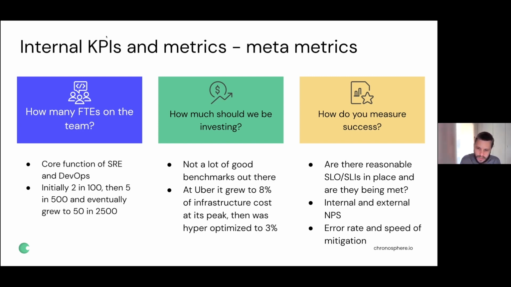Of course, make sure your SLOs and SLIs on that view of what you're running yourself or providing to your end users as an observability monitoring platform are important. And then, of course, looking at how your company is doing in terms of the error rate and the speed to mitigate real production issues is something to keep in mind at a meta level to see how you're doing.